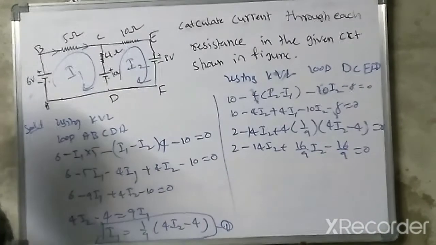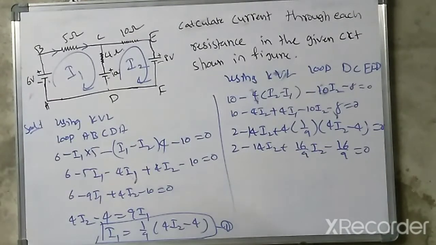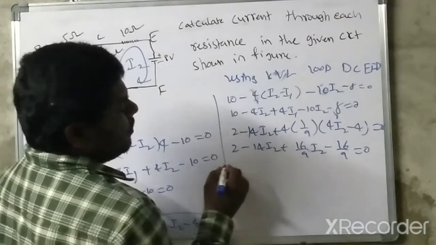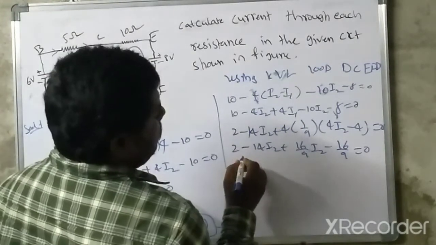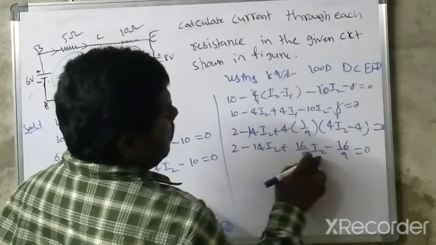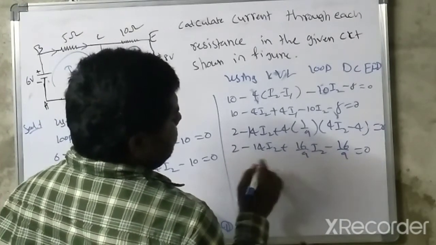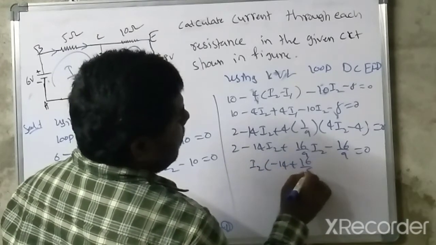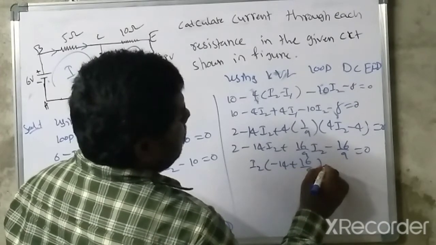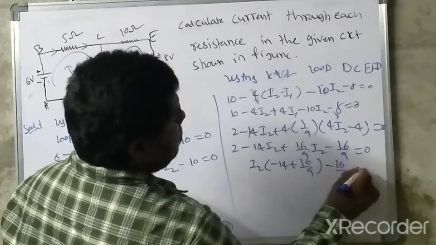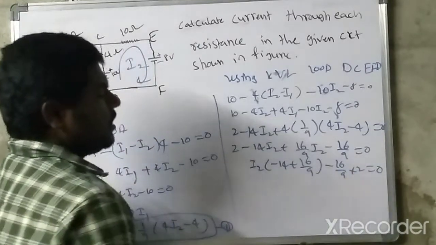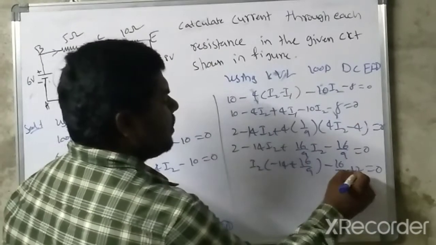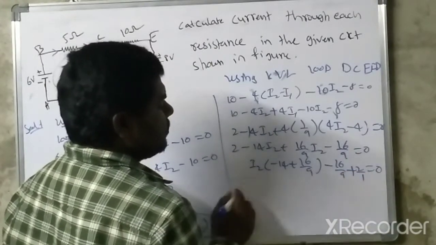From this one you may simplify for I2. Here I2 is taken common, so I2 of (minus 14 plus 16 by 9), minus 16 by 9 plus 2 is equal to 0. Take out the LCM, here 9.